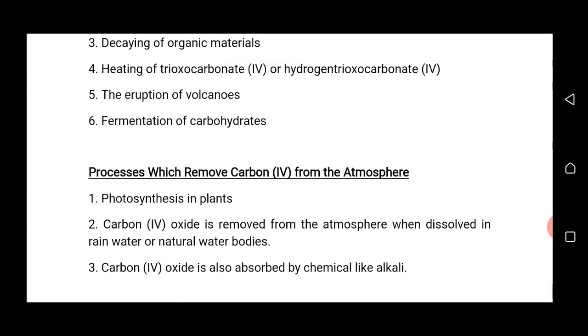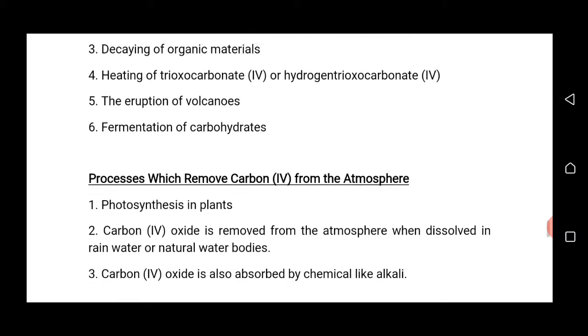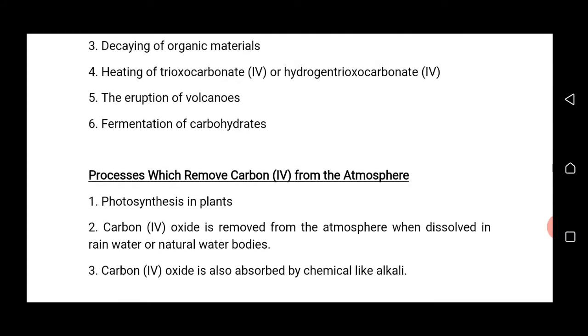Number 4, heating of trioxocarbonate 4 or hydrogen trioxocarbonate 4. Trioxocarbonate 4 such as limestone, calcium trioxocarbonate 4, copper trioxocarbonate 4, silver trioxocarbonate 4, except that of sodium trioxocarbonate 4 or potassium trioxocarbonate 4, when they undergo decomposition by the application of heat, CO2 is being liberated.